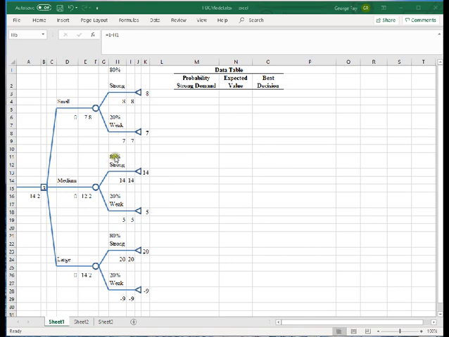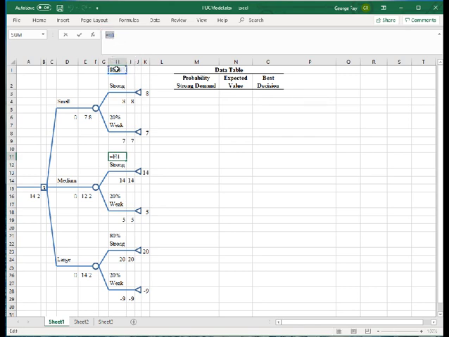Now we have to repeat this 80% in each one of our decision branches, because we're going to be facing the same state of nature, and we want to compare the 3 projects using the same probabilities. So for H11, the probability is going to be equal to H1.